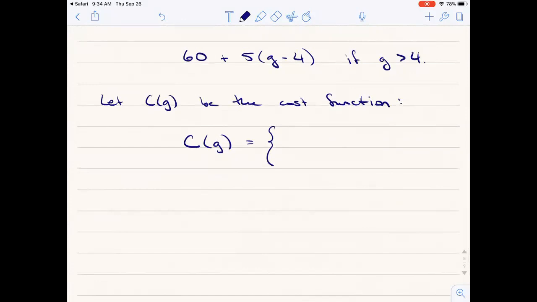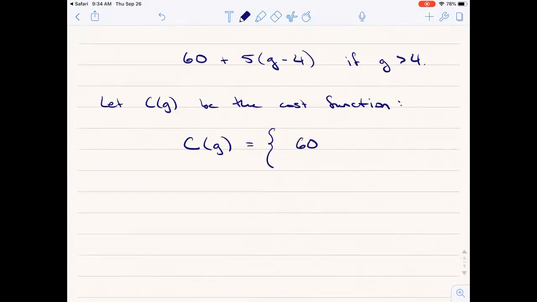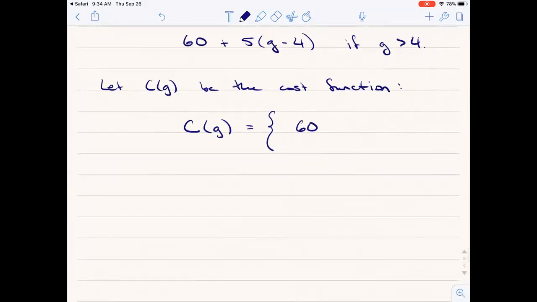G has to be 0 or anything positive, so between 0 and infinity, and there's a $60 charge if G is between 0 and 4.